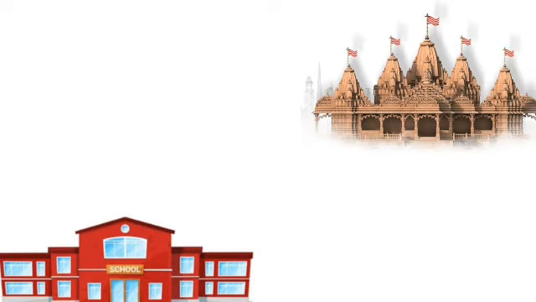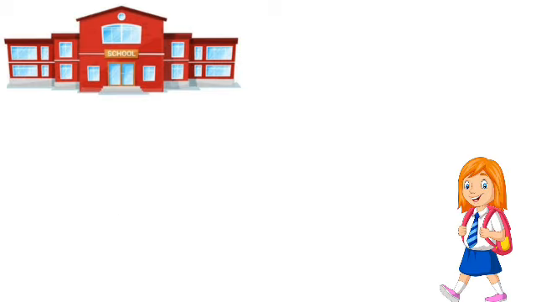Yes, your answer is correct. It is southwest. Now, look at this figure and find out which direction Rani will have to go to reach her school. Yes, your answer is absolutely right. She will have to go to northwest.